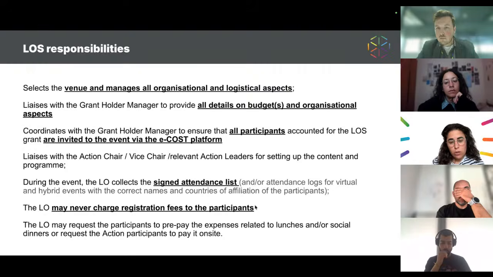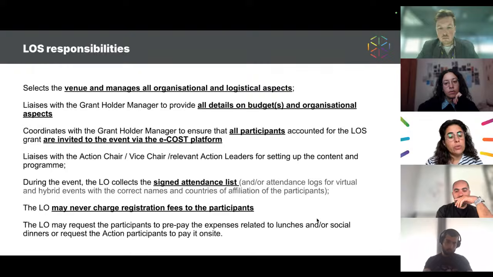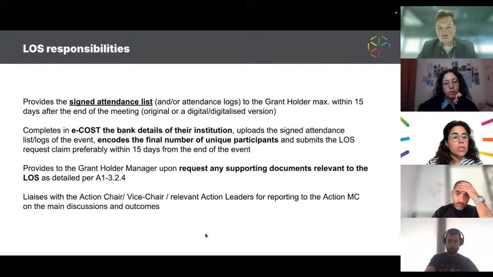Events organized by COST have no registration fees. They are free of charge. The local organizer may request a prepayment for lunches or social dinners, or require participants to pay on site. So this is also another thing that you can do.